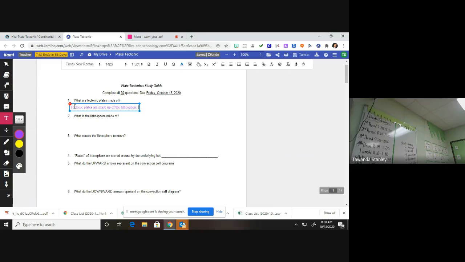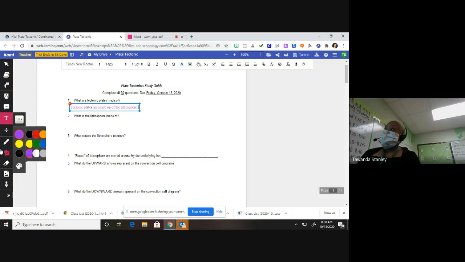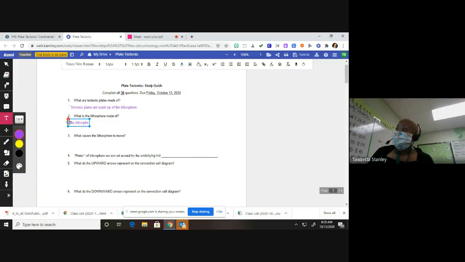Number two, the question asks, what is the lithosphere made of? The lithosphere is made up of the upper mantle and crust.